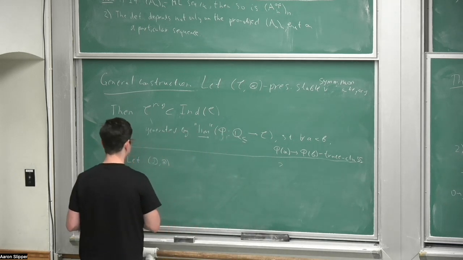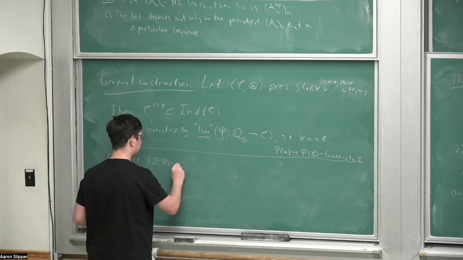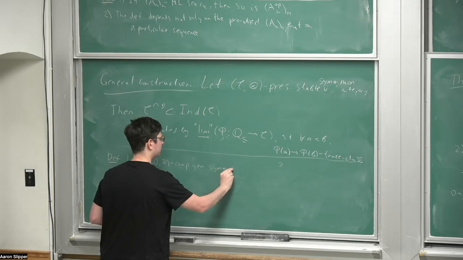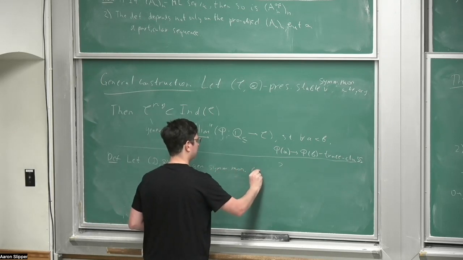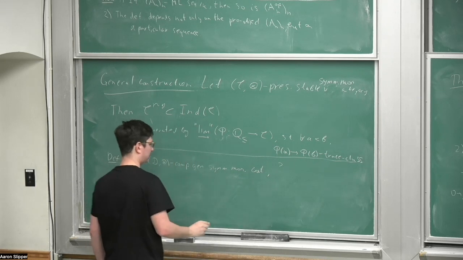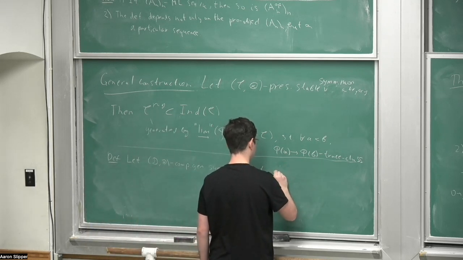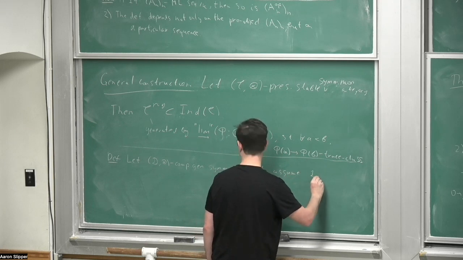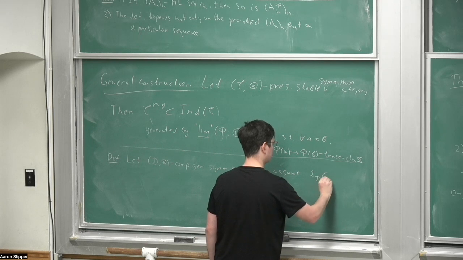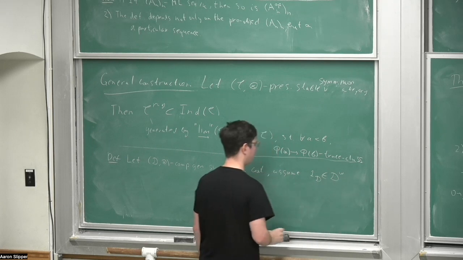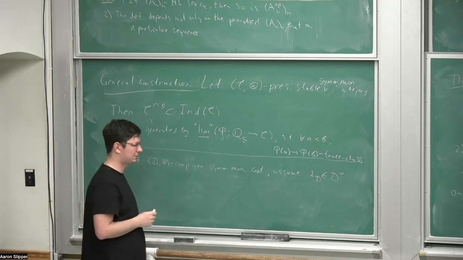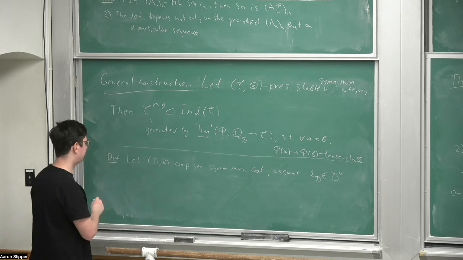So if we have some compactly generated symmetric monoidal category D, and assume that the unit is compact. I'm not even requiring that the tensor product of compact objects is compact, but you can assume that as well.